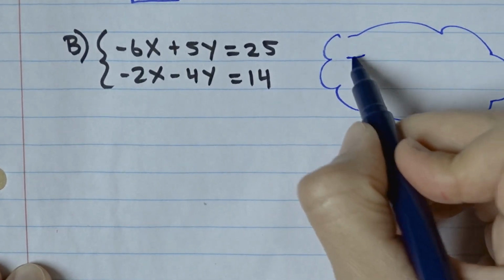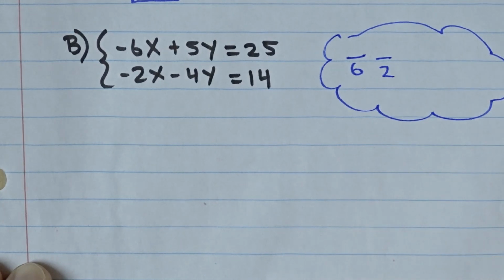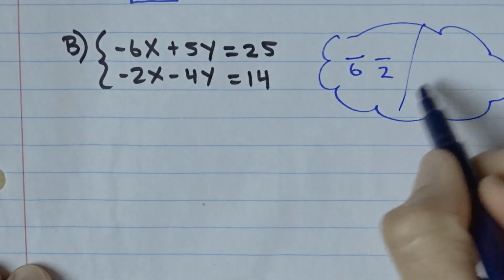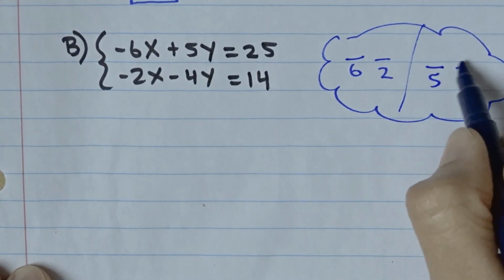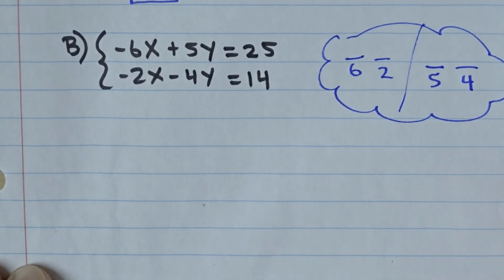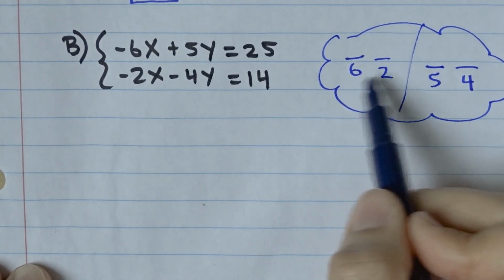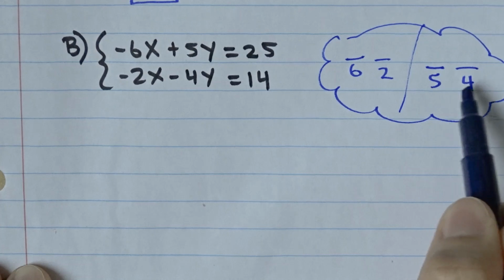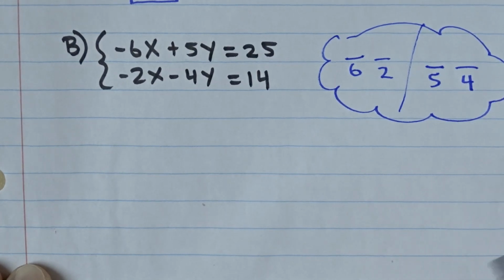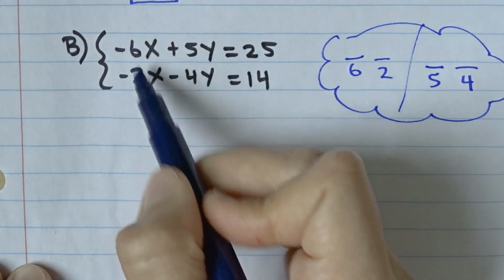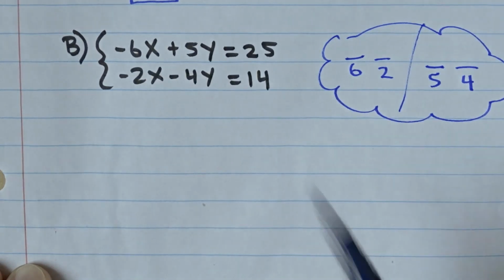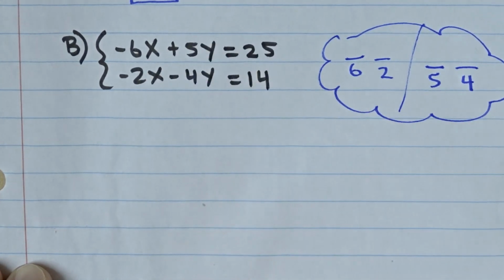So if you had a denominator of 6 and 2, just looking at the digits, or a denominator of 5 and 4, what would be your common denominator here? It's like asking you, what is the least common multiple of 6 and 2? What is the least common multiple of 5 and 4?